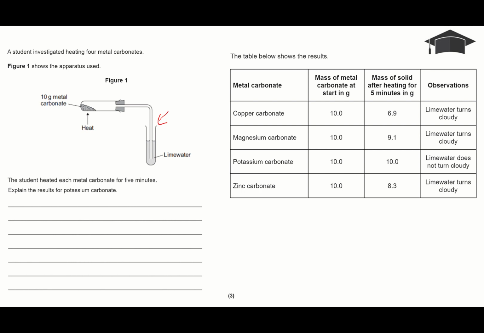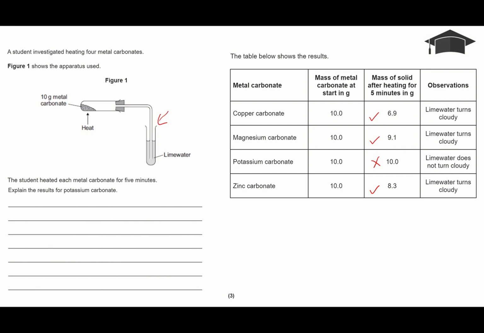Okay, so explain the results for what happens to potassium carbonate. As I look at all these results, there's been a mass change there, I tick it. There's been a mass change there. This has stayed the same, I'm putting an X on there. So that means, without me even looking at the observations column, we know a gas has been released from our knowledge, and it's not an enclosed system, so the gas has actually escaped during this thermal decomposition.